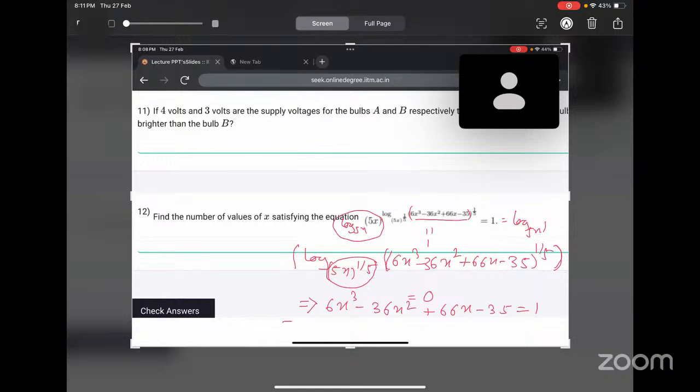Then if I simplify it, we will get x cube minus 6x square plus 11x minus 6 equals 0. Now we have to solve this equation and calculate the value of x. So what will be the roots of this equation?